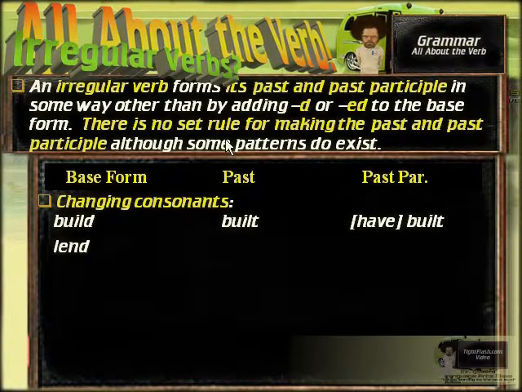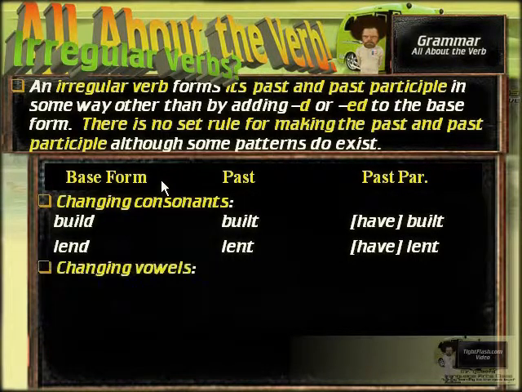And we're looking at a list of when you're only changing a consonant in order to make the past or past participle form of the verb. Like for instance, lend becomes lent, becomes have lent.